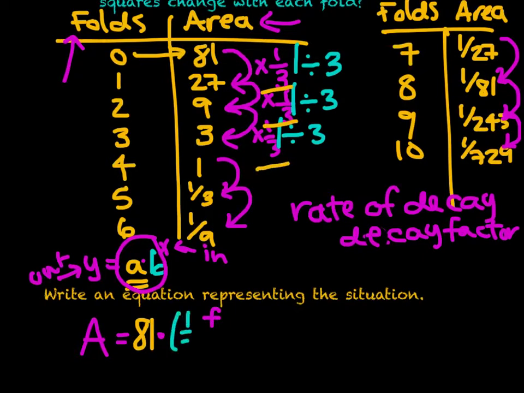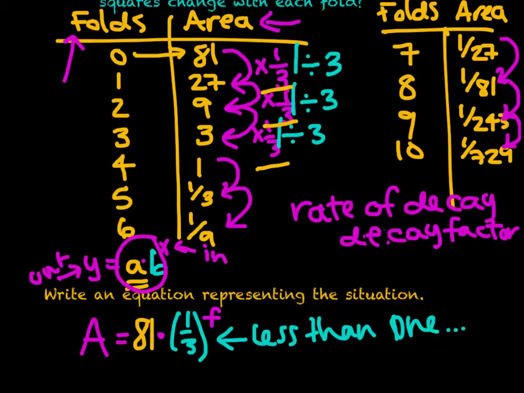So instead of us having a whole number or something greater than 1, this time we have something that's less than 1 as our growth factor or our decay factor. So that's telling us that we are going to continually get an answer that's smaller and smaller and smaller by a certain amount. That's kind of cool.